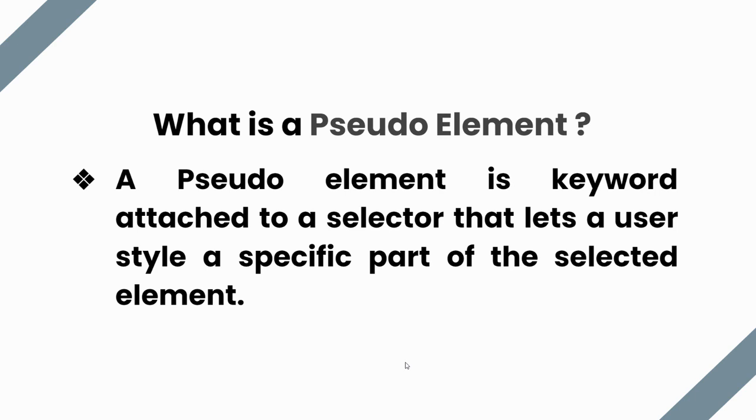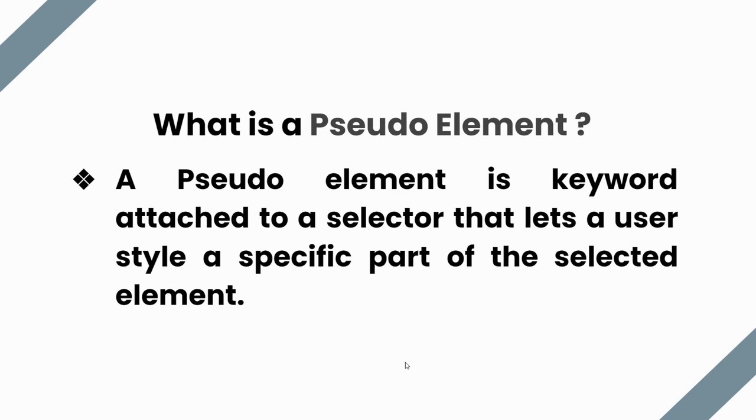So the pseudo element here is basically the selector itself, but then there will be a keyword attached to it. So the moment this keyword is attached to it, it lets a user style a specific part of the selected element.